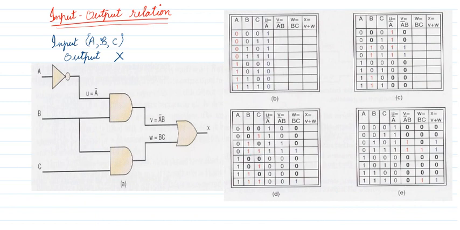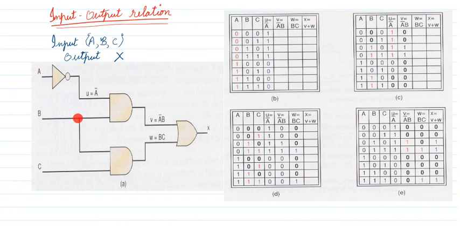Now we will see how to find the input output relation using the truth table. If the circuit is given, if you want to analyze the circuit, how to do that using the truth table, right? So if the input is A, B, C, output is X. First thing we have to find the relation between the input and output. So input is A means here NOT gate, so it is A bar.